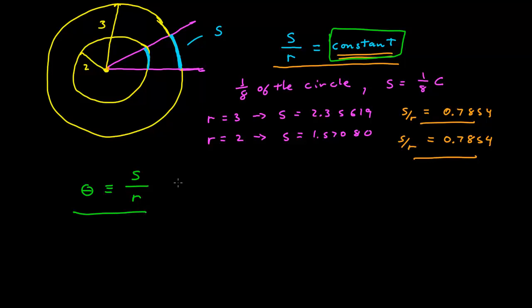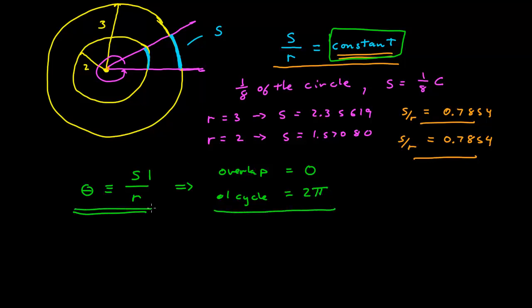What about if the lines overlap each other? If they overlap, then of course the amount of arc length subtended is 0, so the angle is 0. And if you go all the way around, the arc length subtended is the complete circle. So one cycle around gives you the complete circle, which is 2 pi.